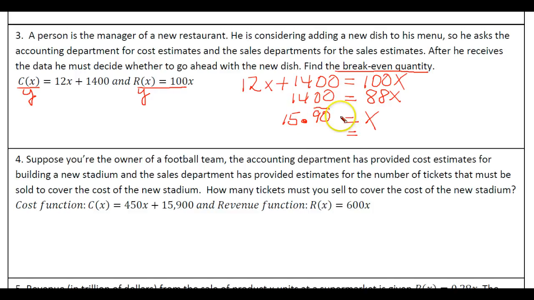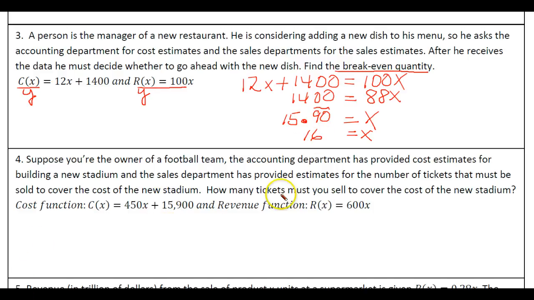So they're wondering when they would break even, so I think we'd round that off to 16. They'd have to sell 16 of these units in order to break even. Actually, there'd be a little bit of a profit there.